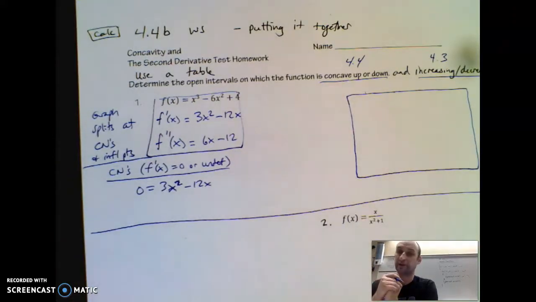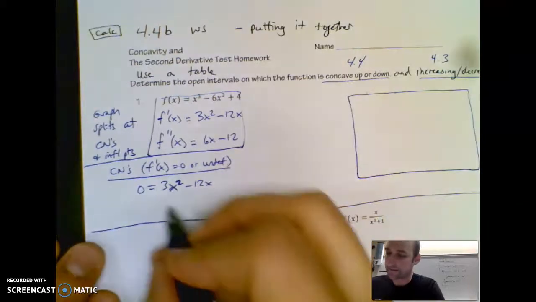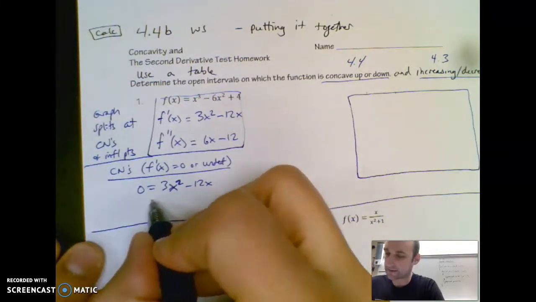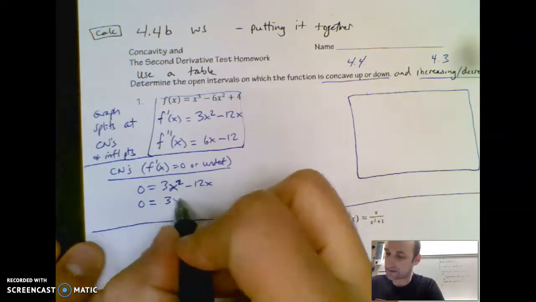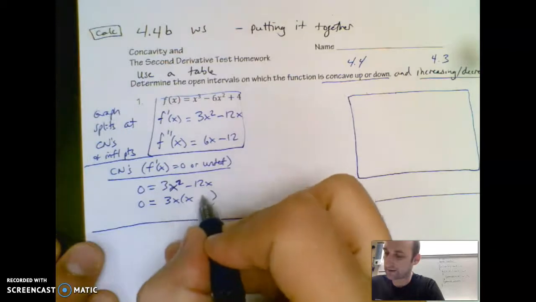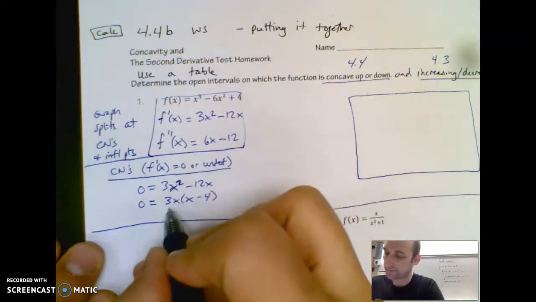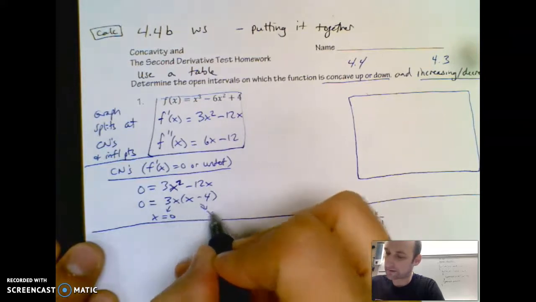They find extrema, and sometimes they accidentally find inflection points. But usually they're made to find extrema, which are your max and mins. So when I solve this, I'm going to solve it by factoring because there's a GCF to both of those. If I take out 3x, I'll have x minus 4. And this leads to an answer of 0, and this leads to an answer of 4.